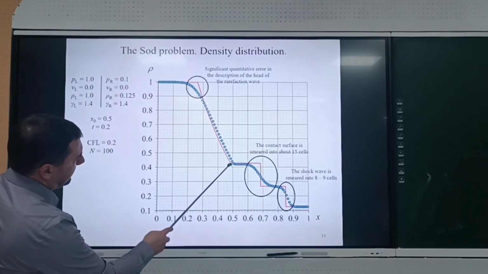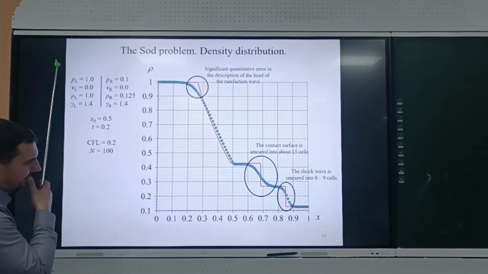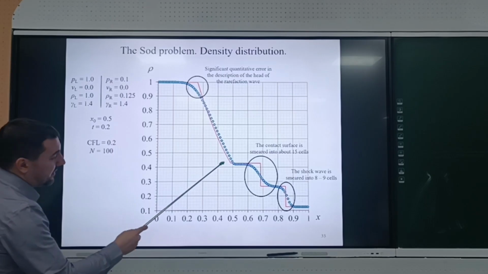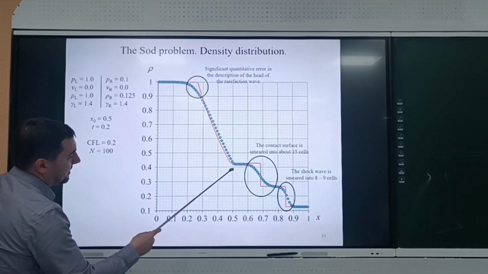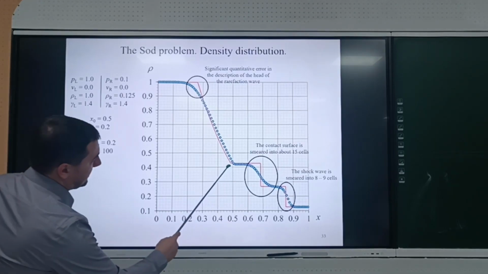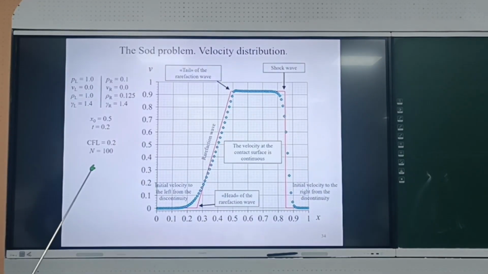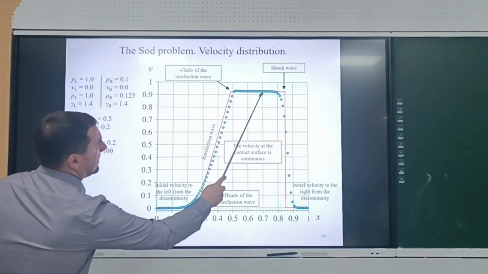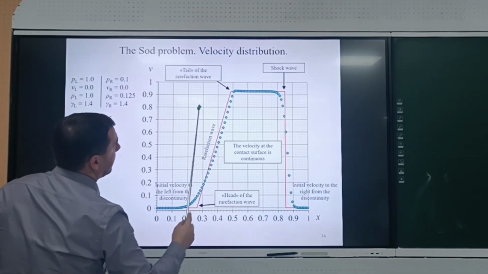Actually, we discussed already that for example, for the Godunov method, here you will see the entropy glitch, and for Kurganov-Tadmor, the solution here is almost excellent.